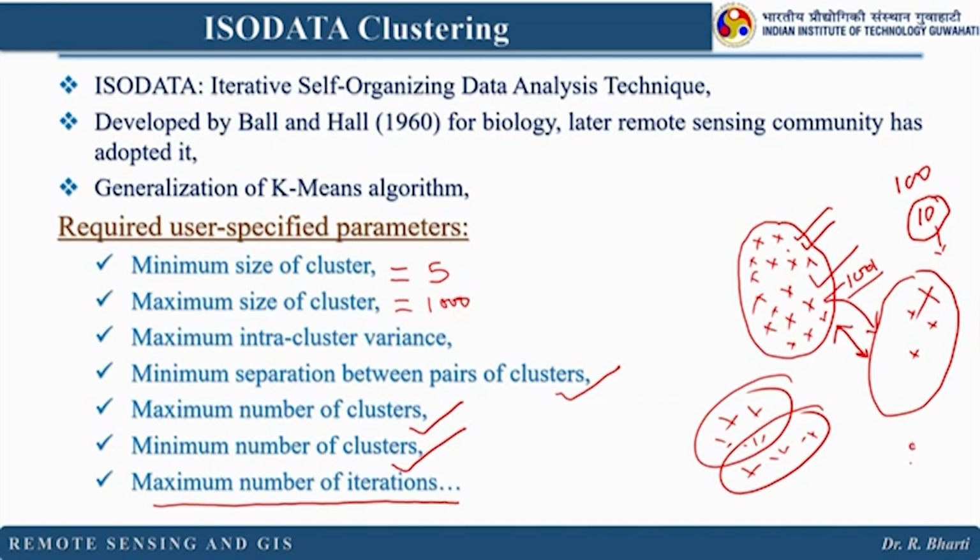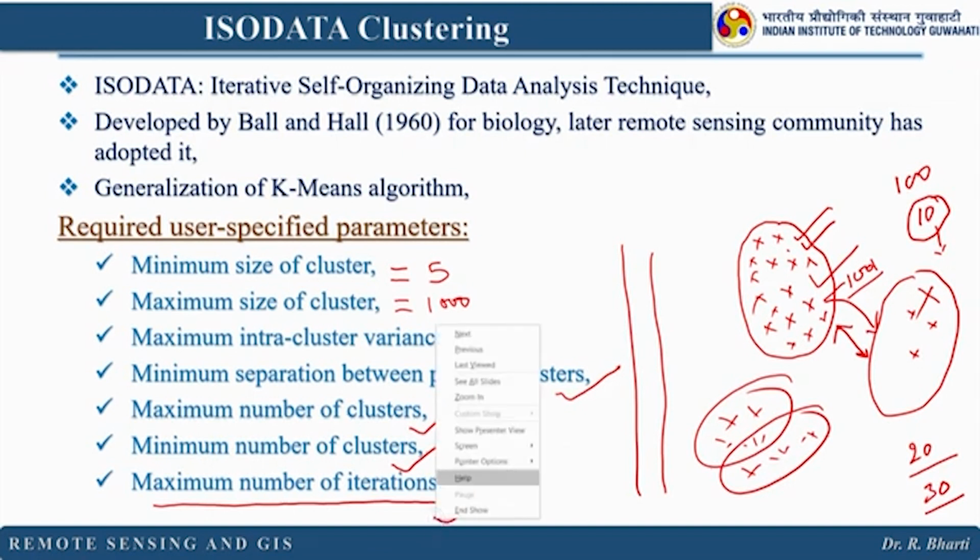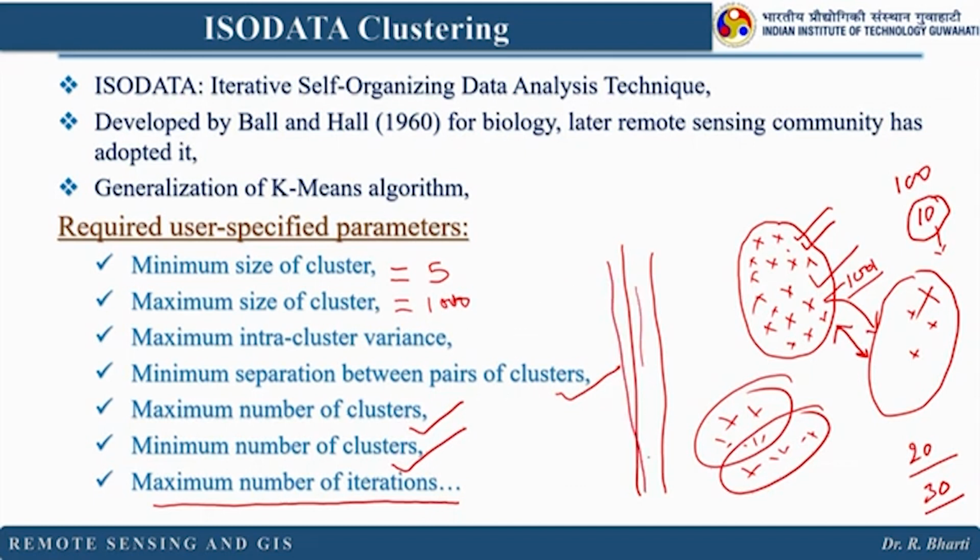If you say 20 or 30, then it will run 30 times and it will stop. There are also other criteria: you may decide that if it is not matching on any of these, your iteration will stop. That is up to the analyst. You need to decide that in the beginning, then you have to run the system.